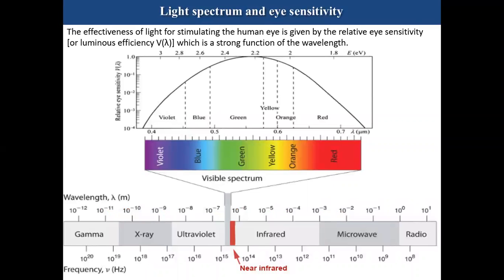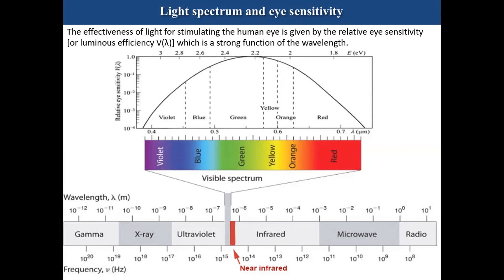Now, let's try to understand that we don't really see the whole spectrum of the light. So, if you consider the whole spectrum of electromagnetic radiation, then there is only this much, which is the visible spectrum, which has these seven colors.